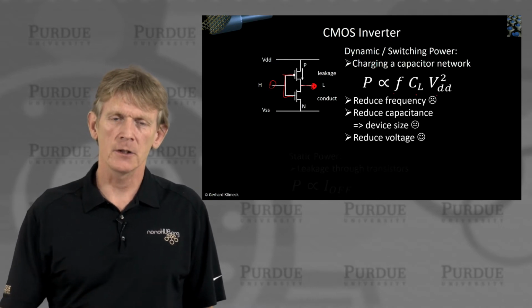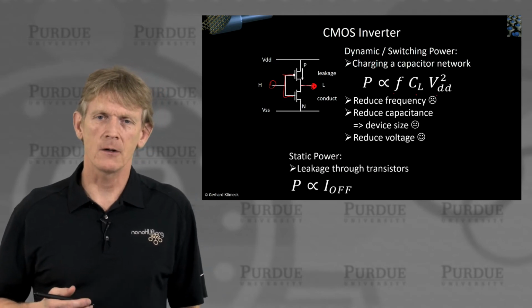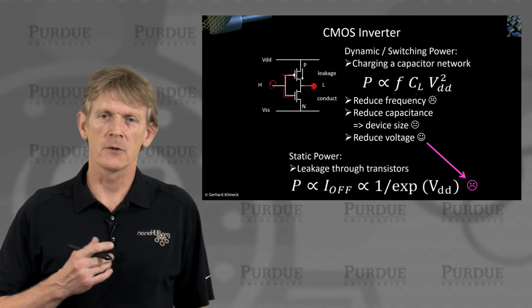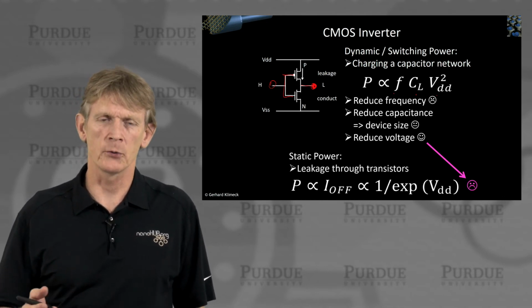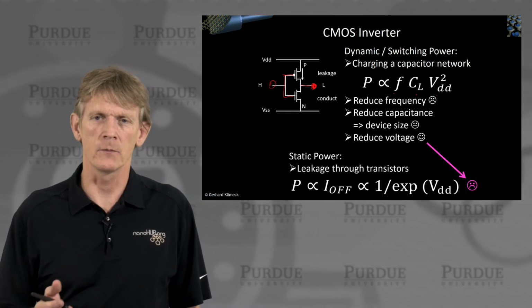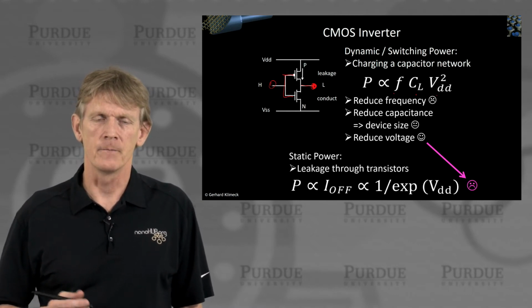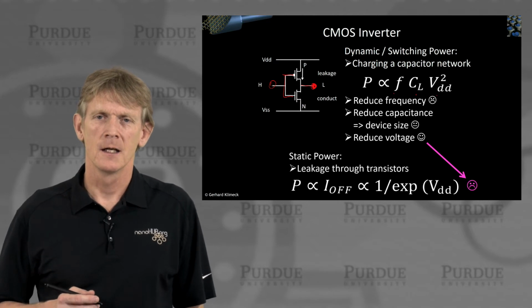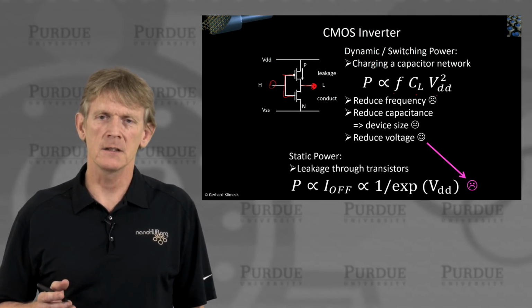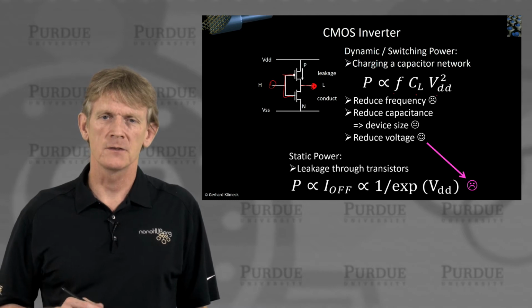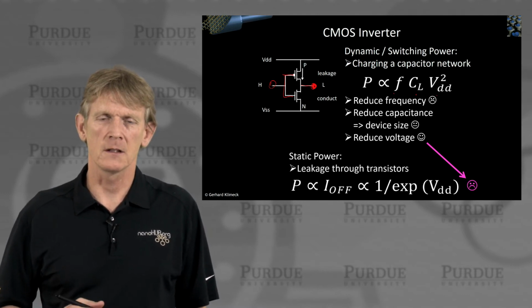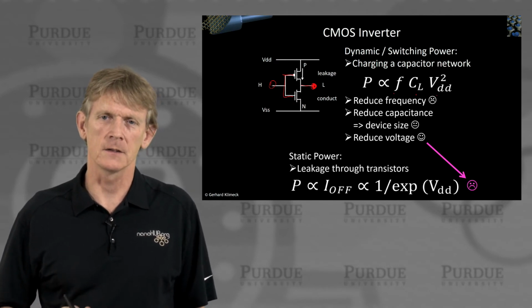Now, I'll show you in the next slide that the static power roughly goes as the inverse of the exponent of the supply voltage. Of course, you have to put in some q's and kT's and some differential against some reference voltage. But the point is, as you make VDD small, your exponent gets really small. That means your off power consumption in the leakage is going up exponentially. And I'll explain to you why that is in the next slide.